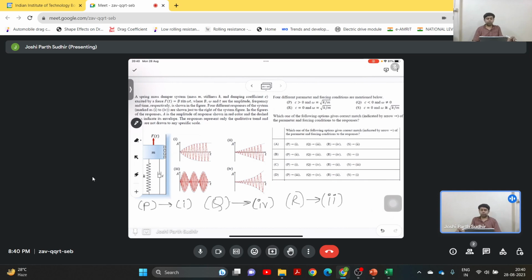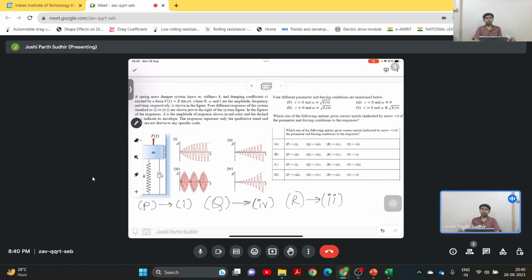So then we are left with response number 3, which we have to match. The parameter set S, where C is equal to 0, so there is no damping present, and omega is nearly equal to the square root of K by M. So omega is not exactly equal to the natural frequency, but it is close to it.